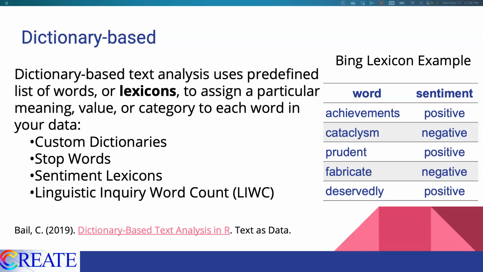There are plenty of other words that will not be assigned a positive or negative, but what this will do is give you a number for how many positives and how many negatives are in whatever you define. It could be a single response, or a group of responses: how positive and negative is the text of what these people are talking about.